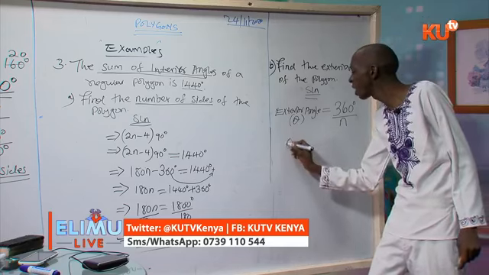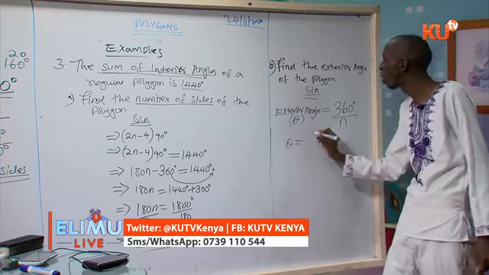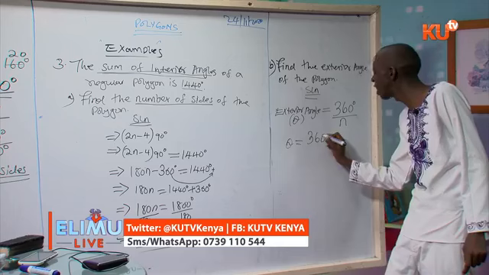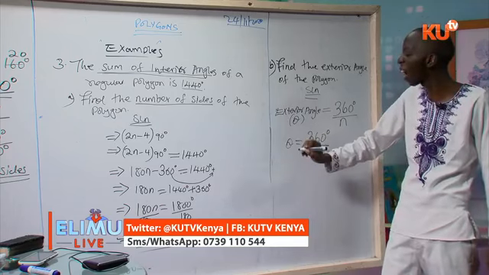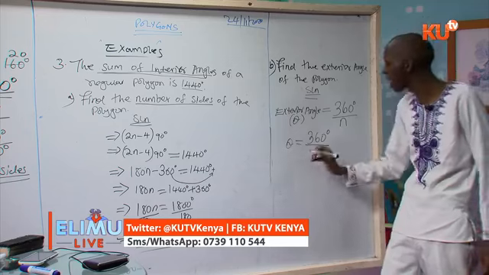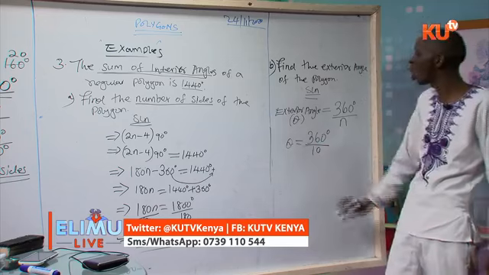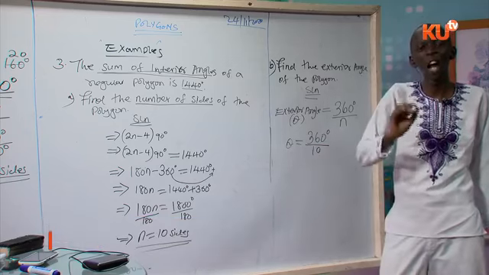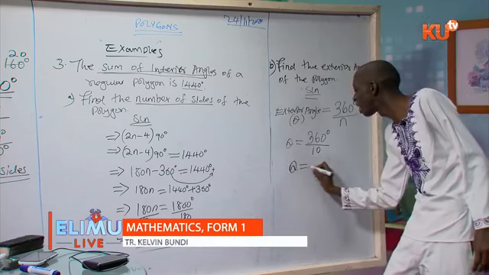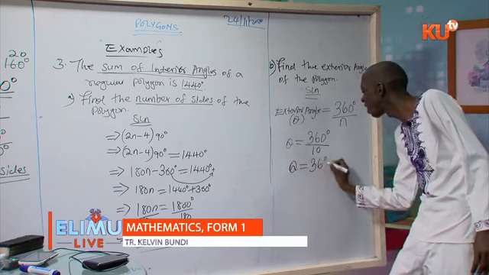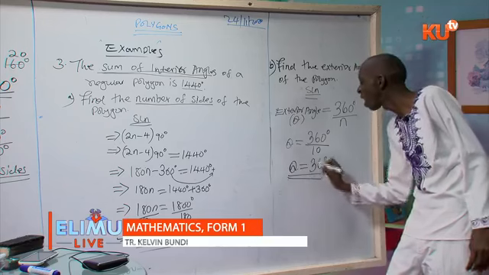So theta is equal to 360 degrees divided by the number of sides, which is 10. So theta is equal to 360 degrees divided by 10, and theta is equal to 36 degrees.